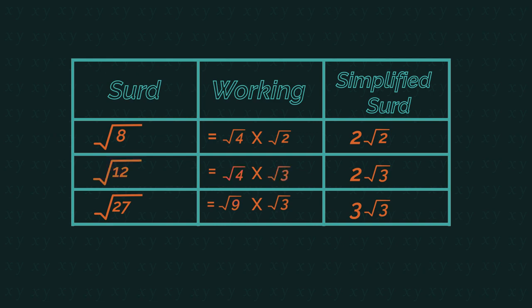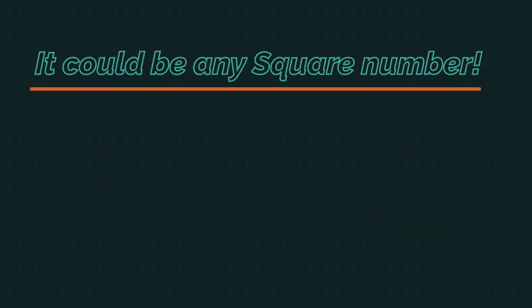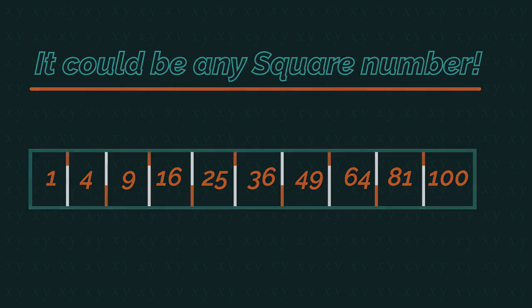In this one, root 9 is the square number, multiplied by 3 makes 27. It could be any square number, 16, 25, 36, 49. Make sure you know your square numbers.